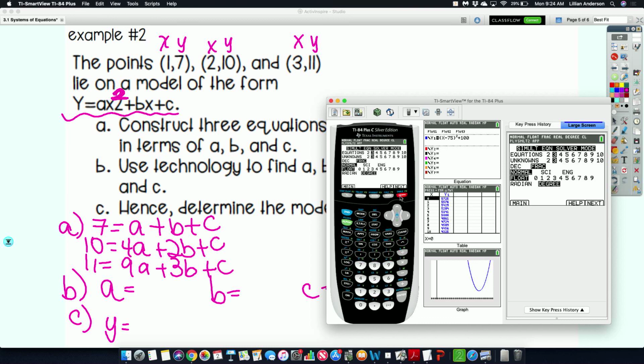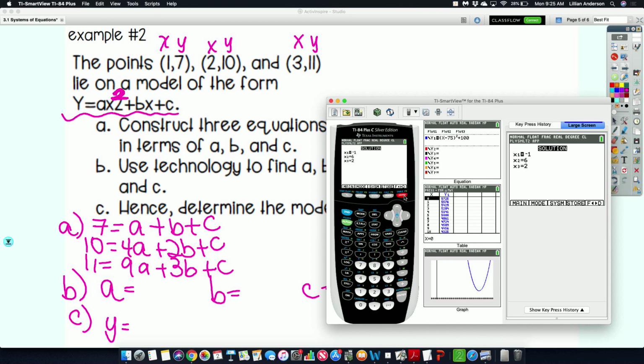I want everything to stay the same. Here, what am I typing in? The coefficients. 1, 1, 1 equals 7. So change that to a 7. 4, 2, 1 equals 10, and 9, 3, 1 equals 11.